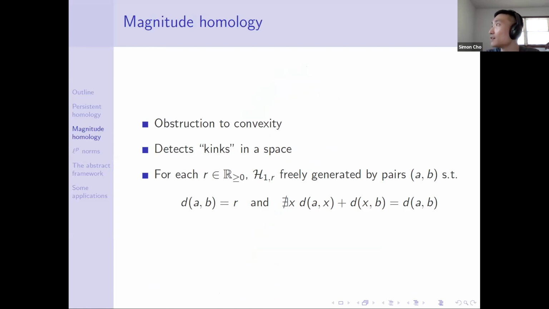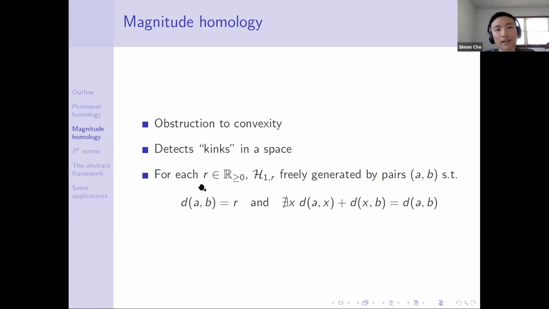I think there's at least one group in the Japanese mathematical community that uses it to study curvature properties of metric spaces. It's pretty interesting, but I don't know that much about it. You can also think of it as detecting kinks in a space. I can say a little bit about that in a few seconds.